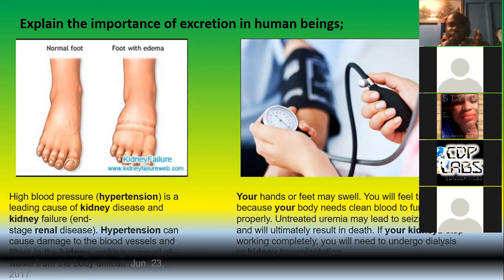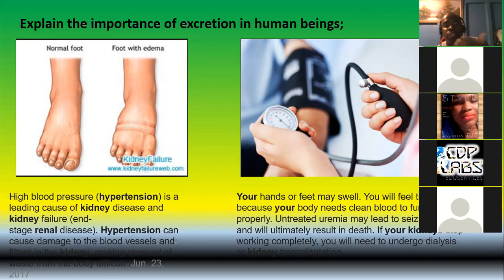So when you're going to give the explanation for excretion in human beings, you're going to give a definition for excretion. Then you're going to use an example to illustrate why it's important. Now, here's one example. If you have excess salt in your body, it simply means that the kidney is possibly not working.